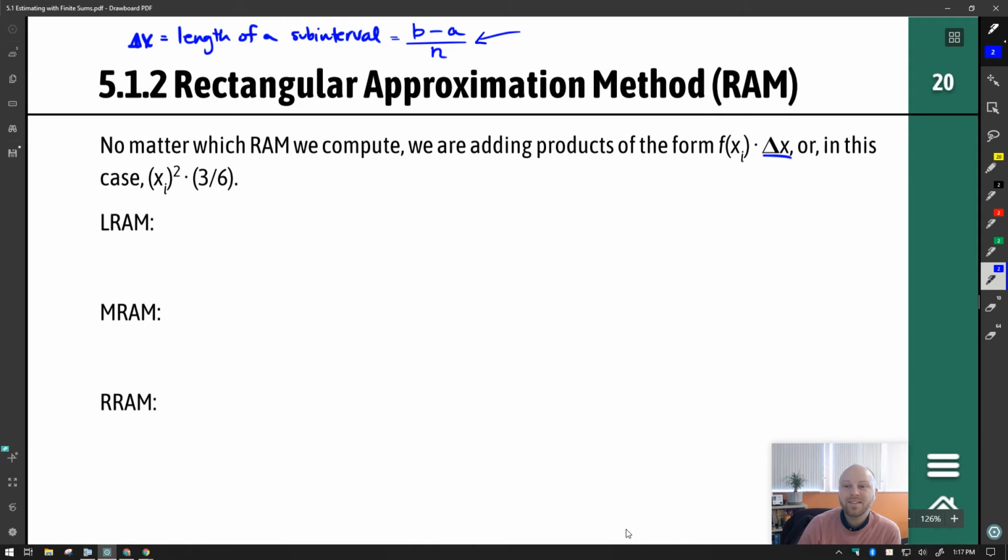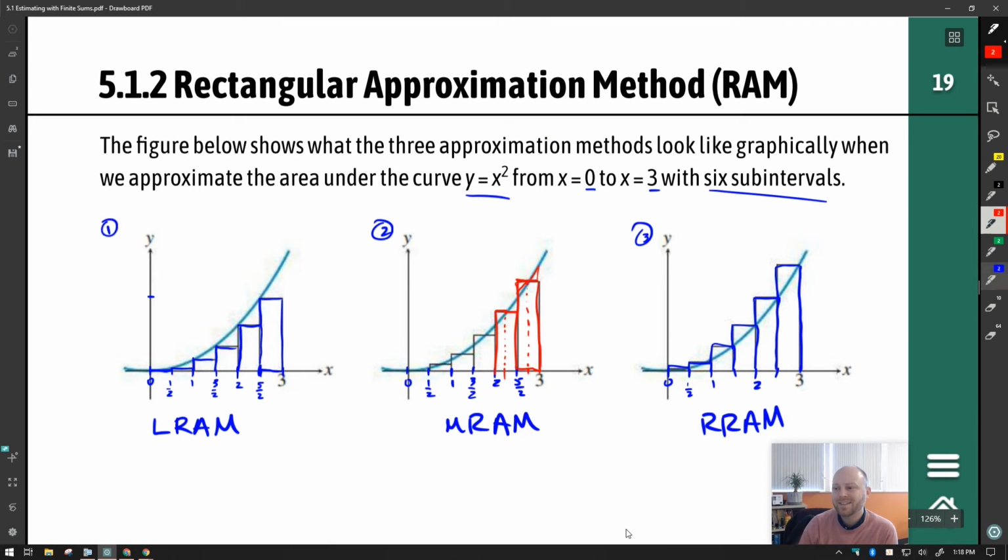So what this is telling us is that we start at x equals a, end at x equals b, and we have n rectangles. So that's your delta x, and it's why we've replaced delta x in the second line here with 3/6, because in this example from the previous slide, we started at 0, we went to 3, and we had 6 subintervals.